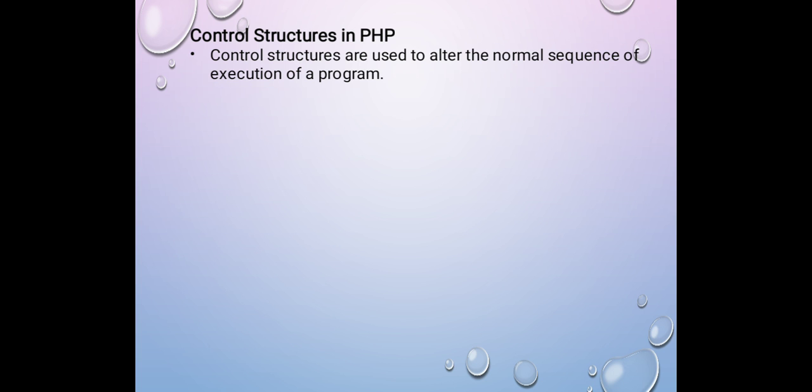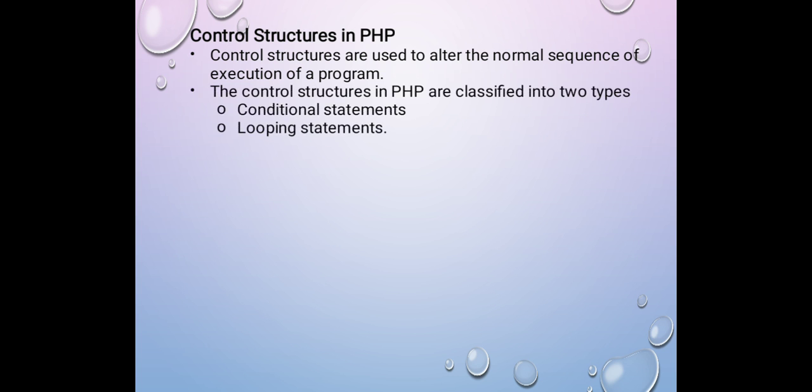In the conditional statements, it allows a program to execute different pieces of code or none at all depending upon some condition. That is, control structures in PHP are classified into two types: conditional statements and looping statements. And first one, conditional statements.